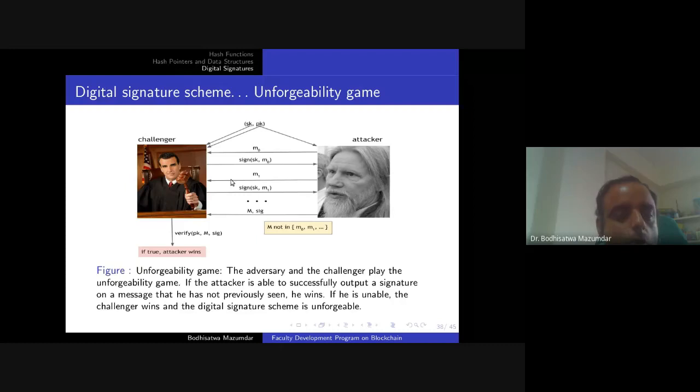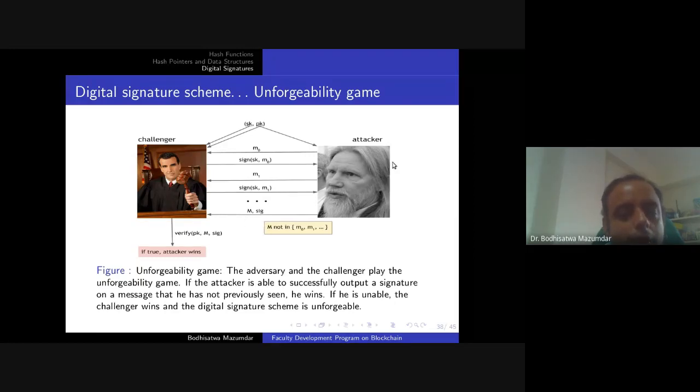What does the challenger or the owner do? He verifies whether this signature is indeed that of this new document. If this signature is indeed that of the new document, that means the attacker has successfully forged the signature of the challenger. If verify is true, this attacker has generated a valid signature of a new document.